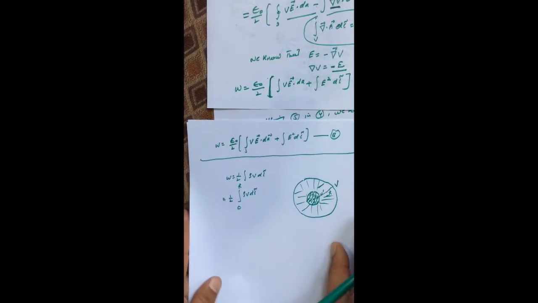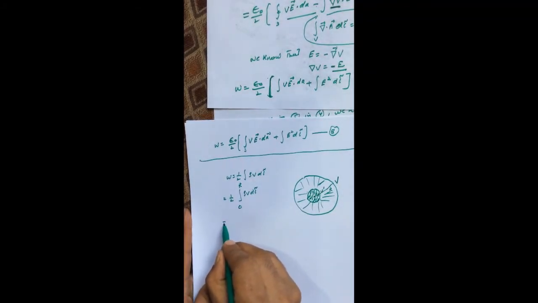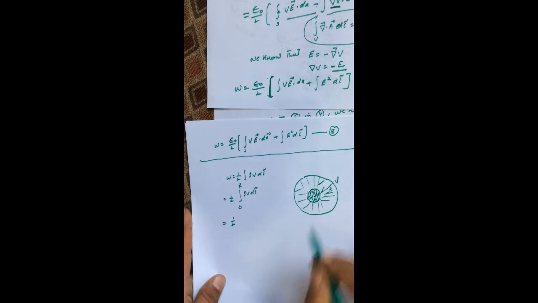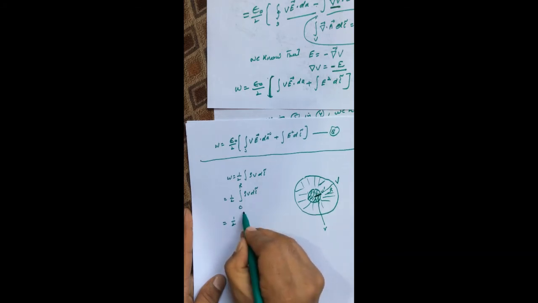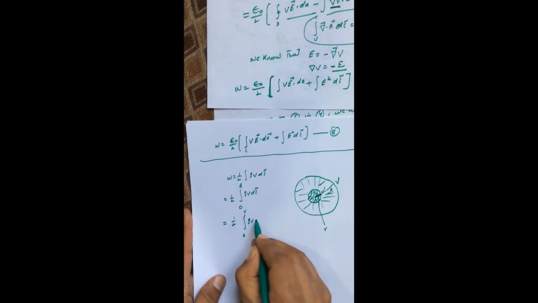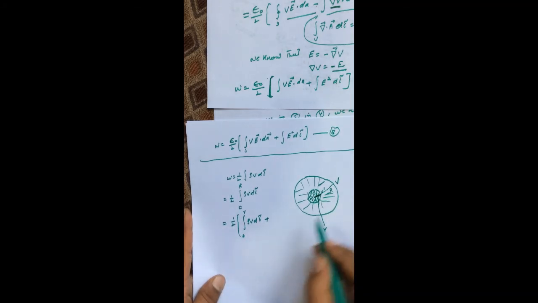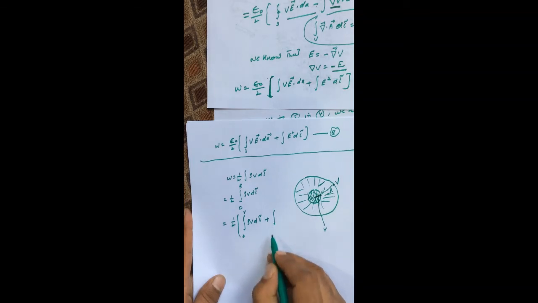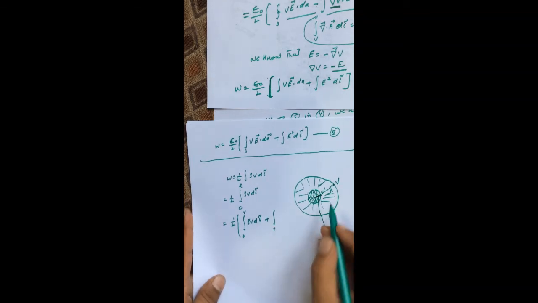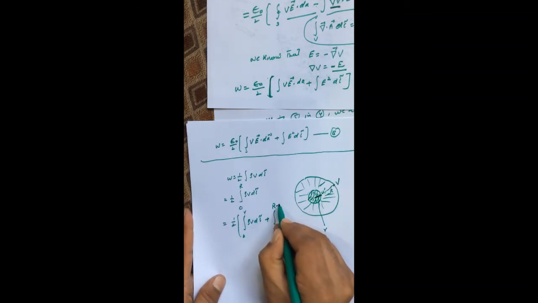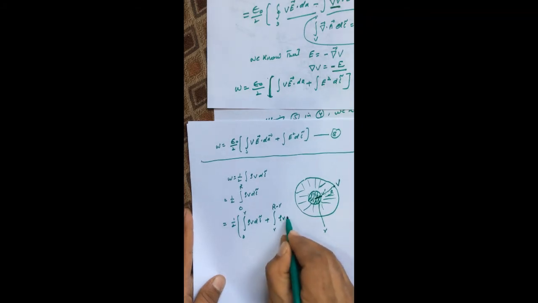This equals 1 over 2 times the integral from 0 to small r of rho v d tau, plus the integral from small r to capital R of rho v d tau.